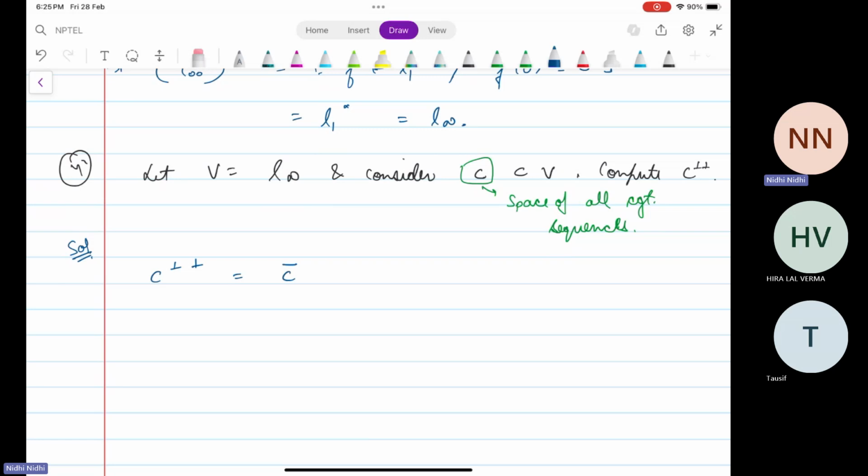And we know that C closure is, can anyone tell me what will be the closure of C? C is the space of all convergent sequences.